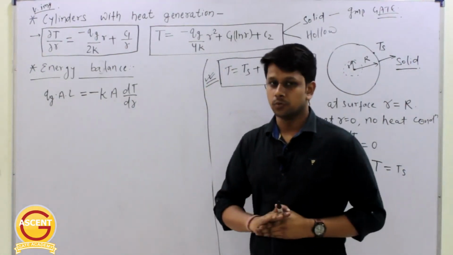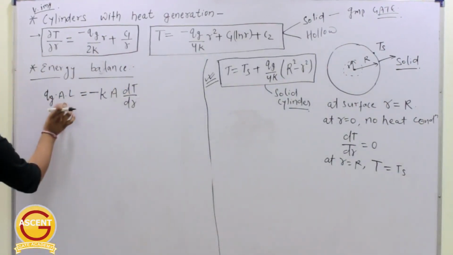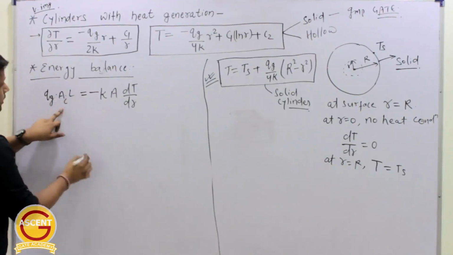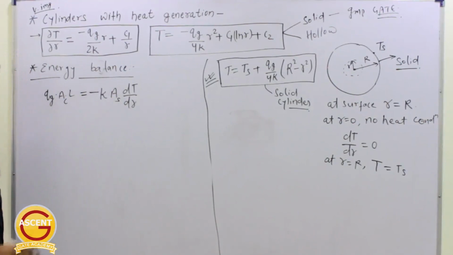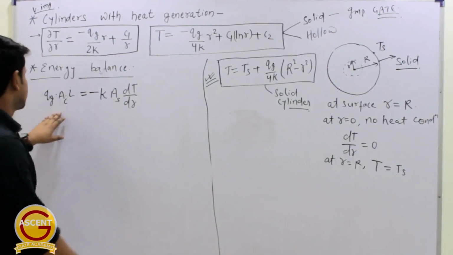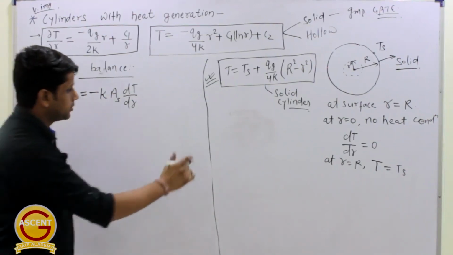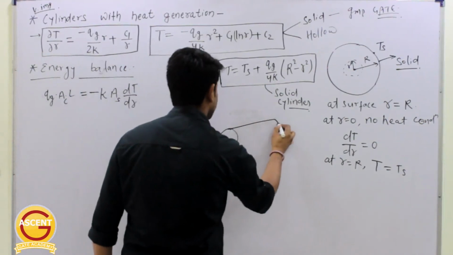The answer is no. Why, sir? Because this area is the cross sectional area and this area is the surface area, right? What is the meaning? See, if we are calculating the volume of this cylinder, then you will take the cross sectional area multiplied by the length.